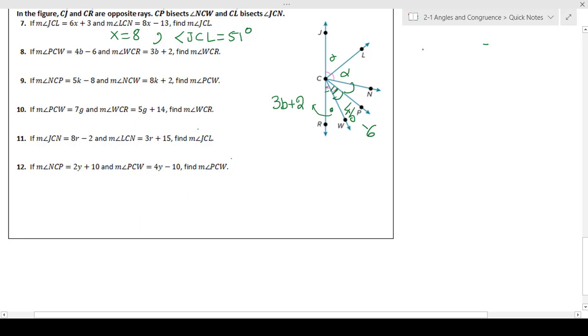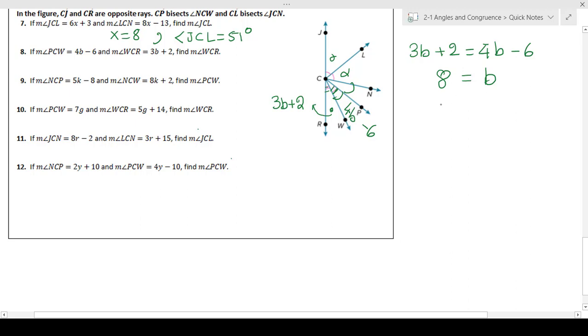Then I'm going to write here that 3B plus 2 equals 4B minus 6. I'm going to find my B. I'm going to move the 3B to the other side to become negative, so this is equal to B. And I'm going to move the negative 6 to the other side to become positive 6 plus 2. It will be 8.